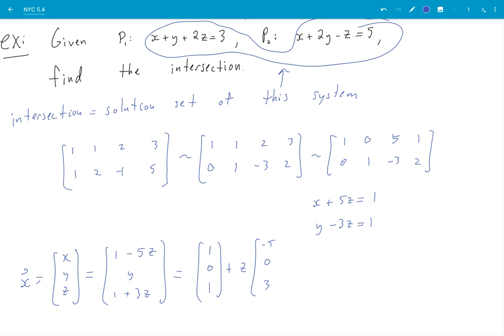What has gone wrong? I feel like something is funny. Not funny, haha, but just a little bit off here. Let me just have a gander. 1, 1, 2, 3, yes. 1, 2, negative 1, 5. 1, negative 3, 2, yes. Subtract.